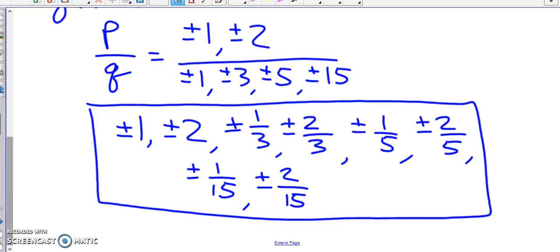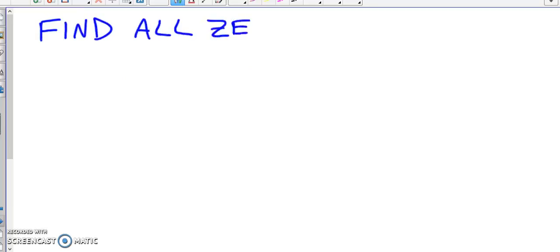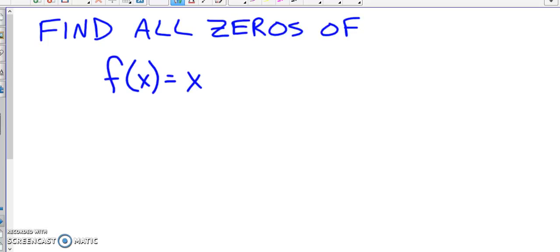Now, let's take this a step further. We can generate this list, but let's actually put it to good use. Find all zeros of f of x equals x cubed plus 2x squared minus 5x minus 6.